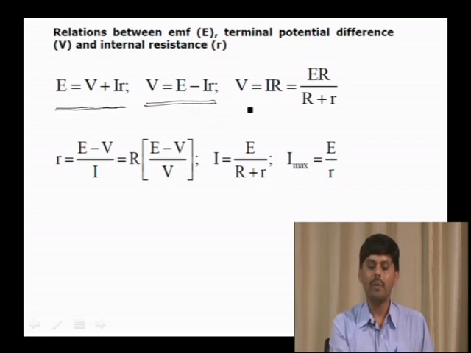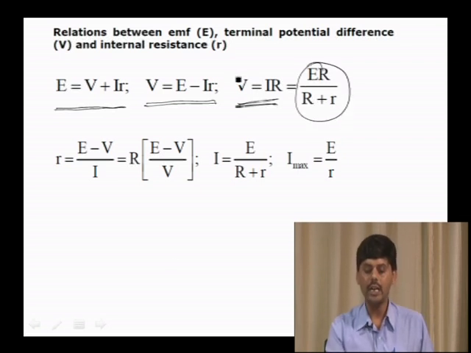By taking the help of Ohm's law, V = IR. We know the value of I, substitute it, and we get V = ER divided by R + r as the terminal potential difference.